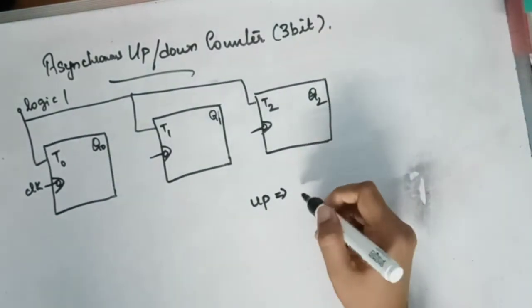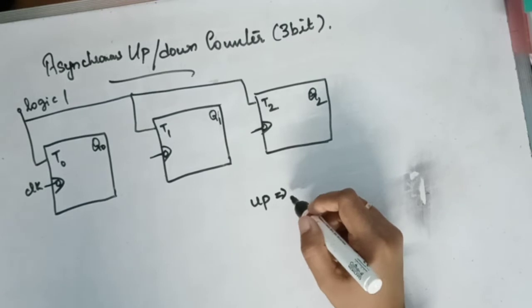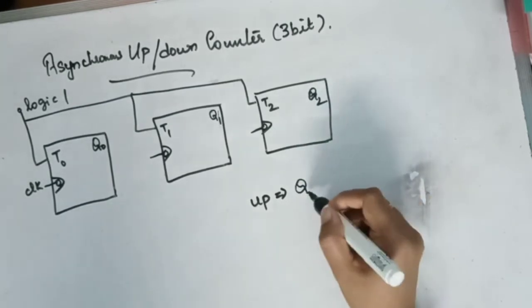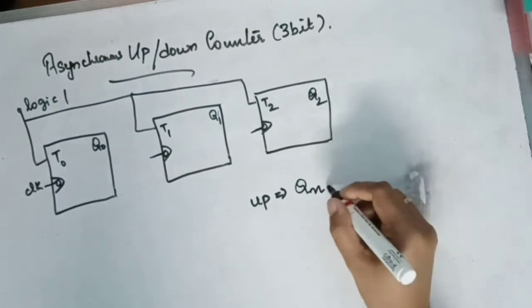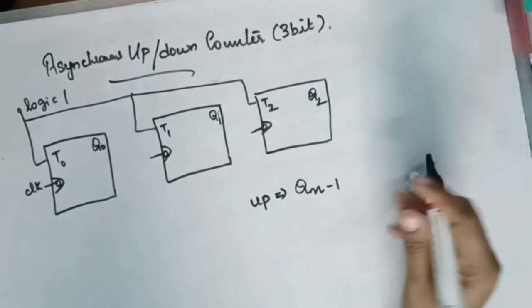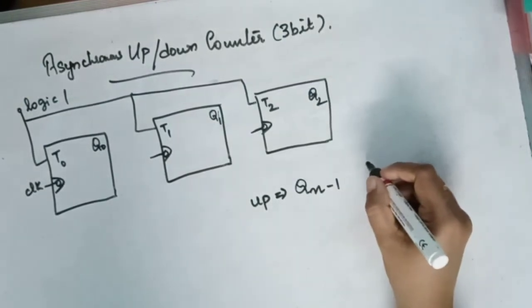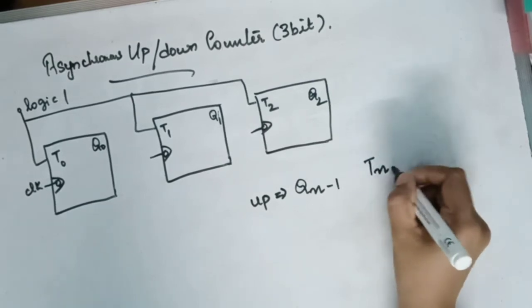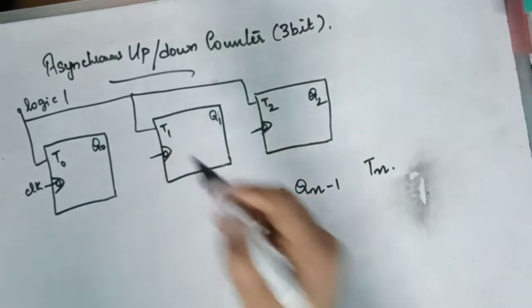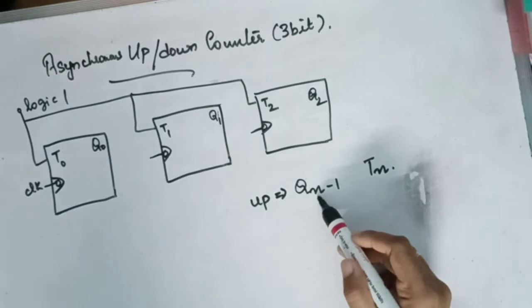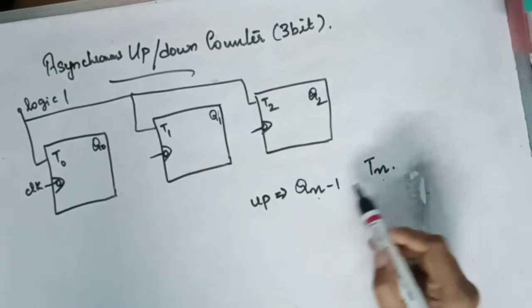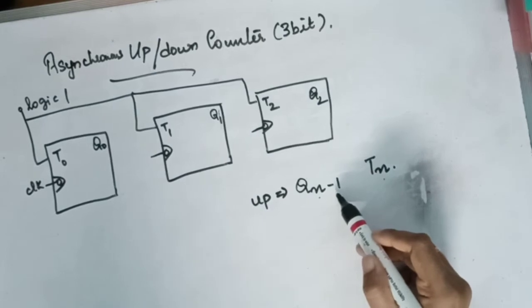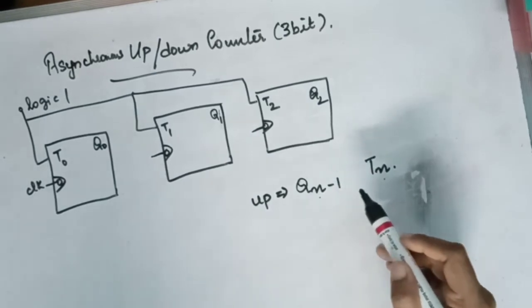So if you are going to count up, then Qn minus 1 will clock the Tn flip-flop. T1 is clocked by Q0, T2 is clocked by Q1. Likewise.